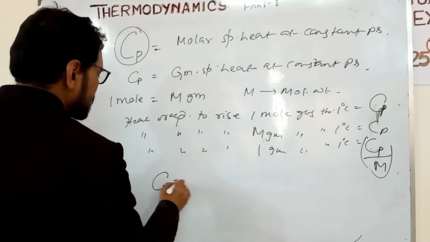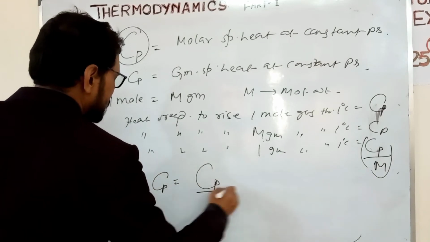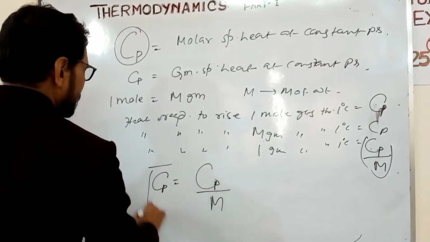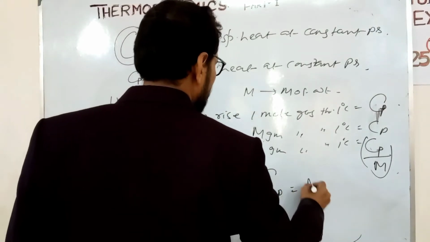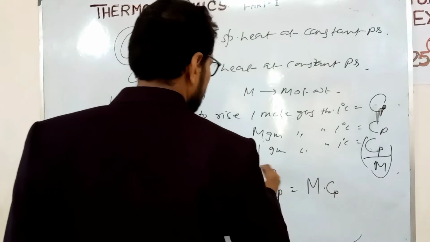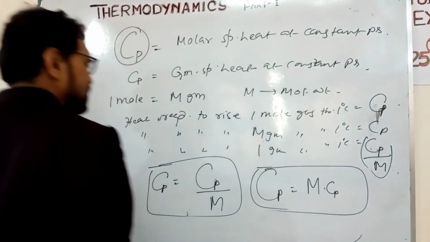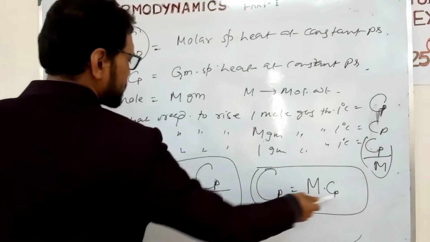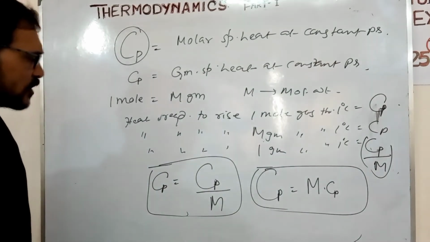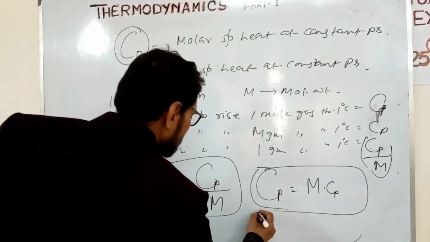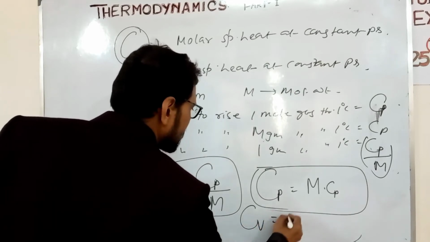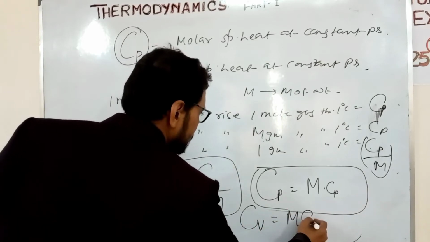So small cp equal to capital Cp divided by M, that is capital Cp equal to M into small cp. M is molecular weight. Small cp is gram specific heat and capital Cp is molar specific heat.